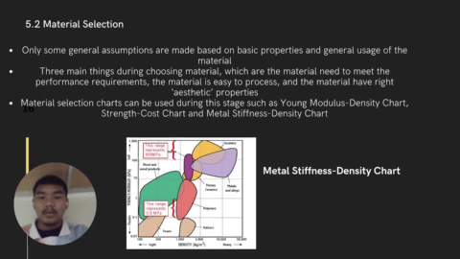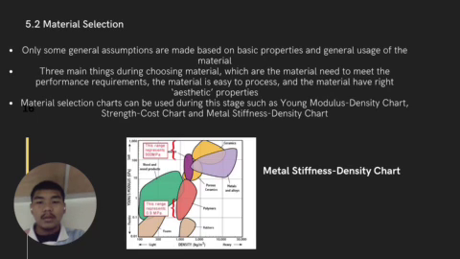The next thing I'm going to talk about is material selection. In this section, only some general assumptions are made based on basic properties and general usage of the material. There are three main things when choosing material: the material needs to meet the performance requirements, the material is easy to process, and the material has the right aesthetic properties.